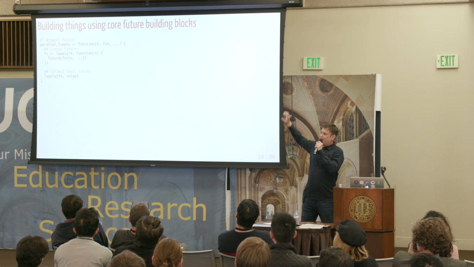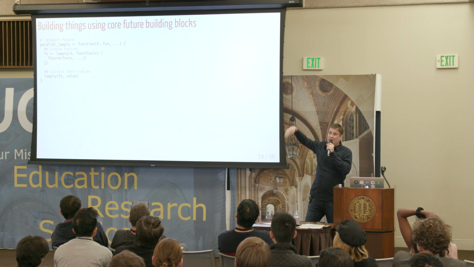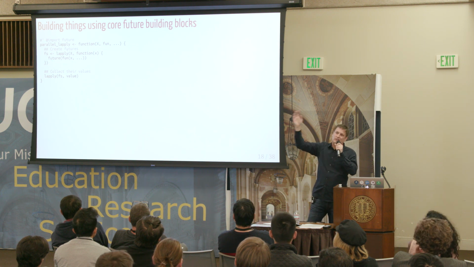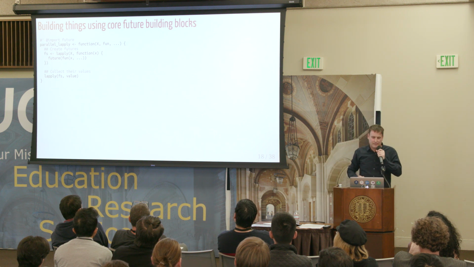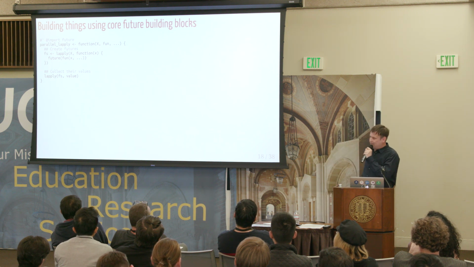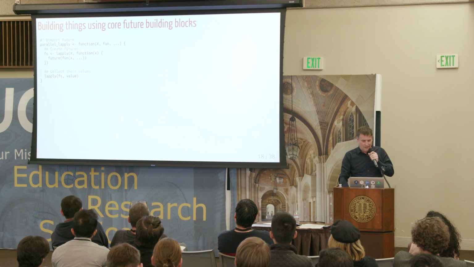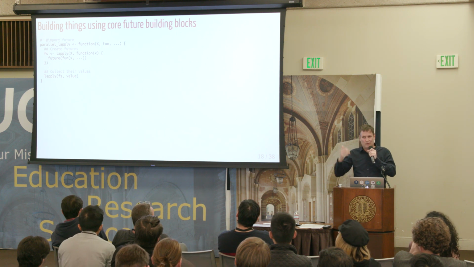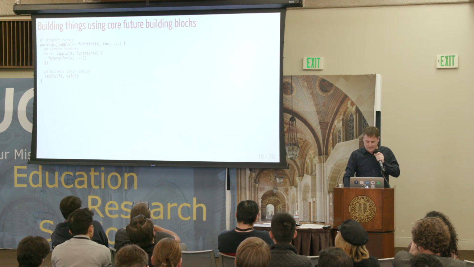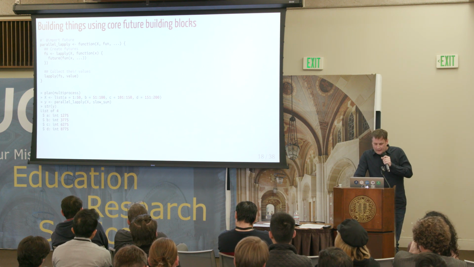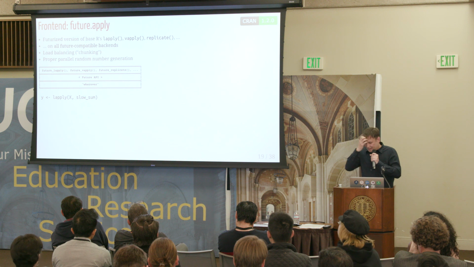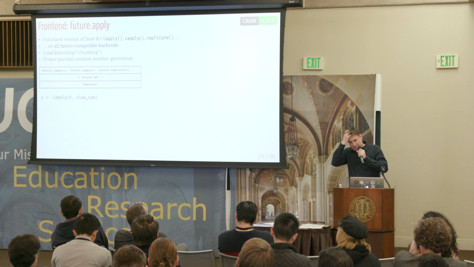So those futures you create will run in parallel if the user said, I want the parallel backend. So this is actually a function that works. And then you can use that everywhere, Windows, Mac, whatever. And this was the first proof of concept, but then people started asking for it.